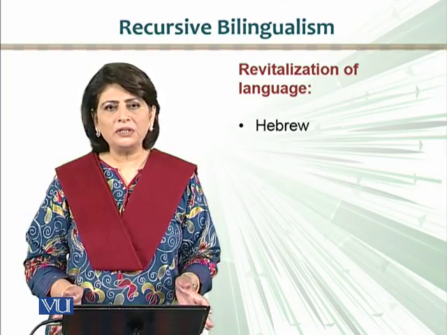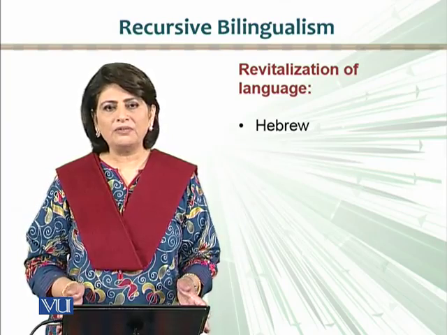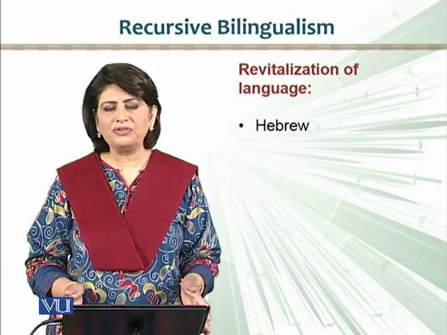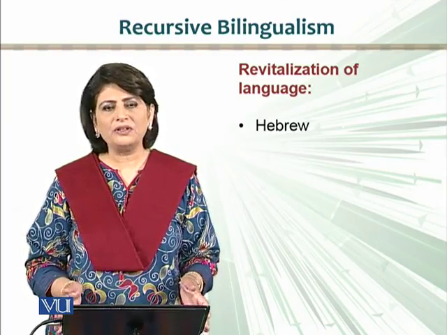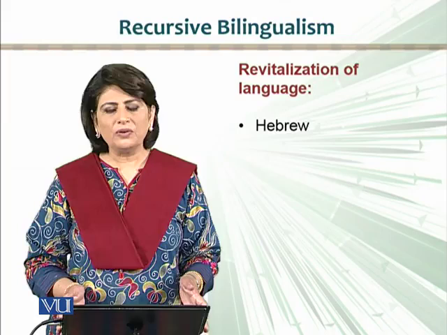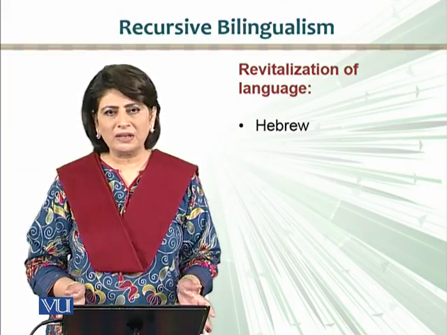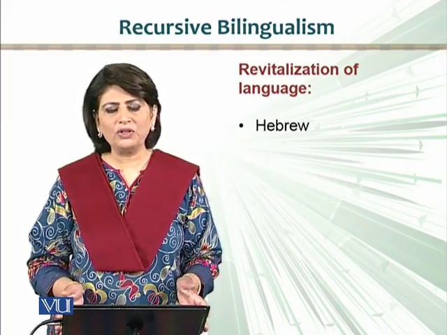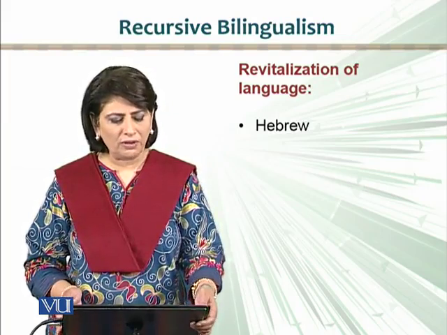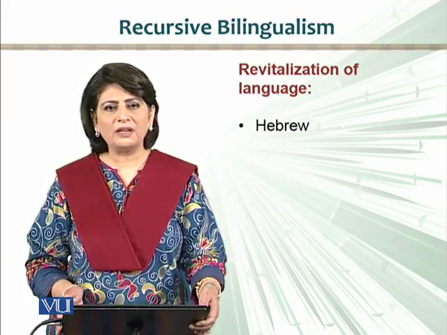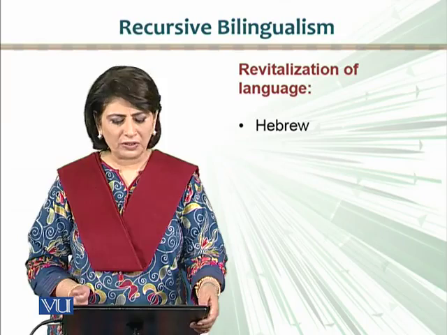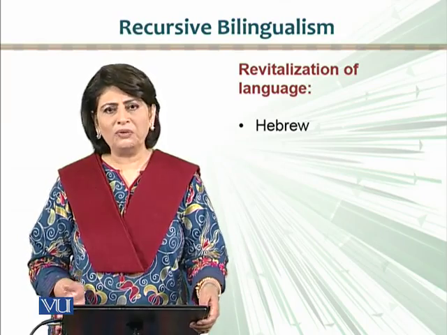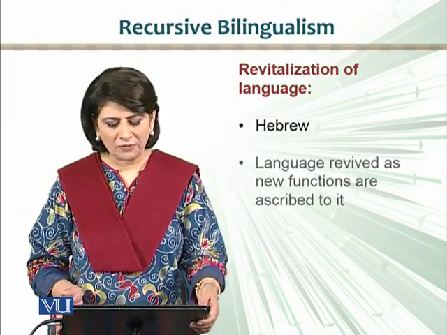An important example of recursive bilingualism or language revitalization is the use of Hebrew. So you have this work on the Hebrew language, which was only used for religious purposes, and it was revived to be used in everyday life.